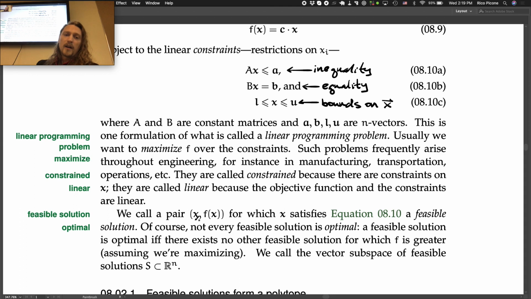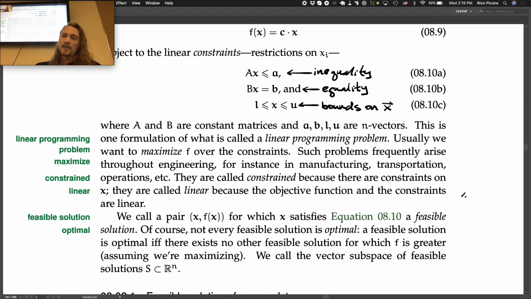We call a pair x and f of x for which x satisfies equation 8.10, so the constraints, a feasible solution. Of course, not every feasible solution is optimal. A feasible solution is optimal if and only if there exists no other feasible solution for which f is greater, assuming we're maximizing the function.